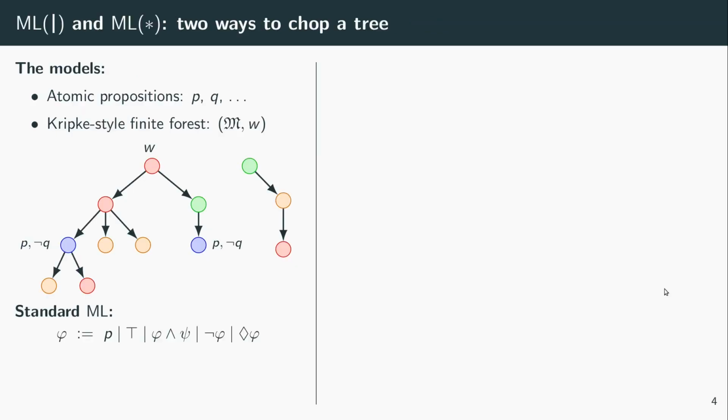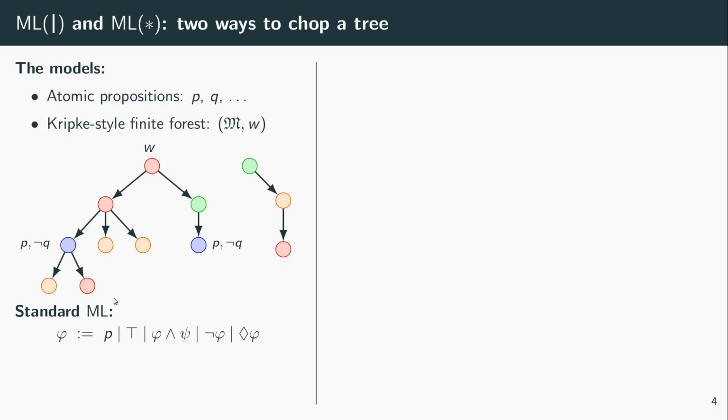So let us formalize ML chop and ML star. As I said, we want to use modal logic on finite trees. So our model will be a Kripke-style finite forest, meaning a finite forest with a current world or node w, where every node is enriched with an evaluation for atomic propositions that here I just abstract with colors.